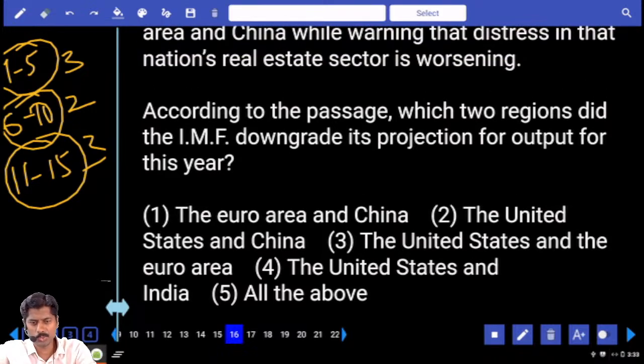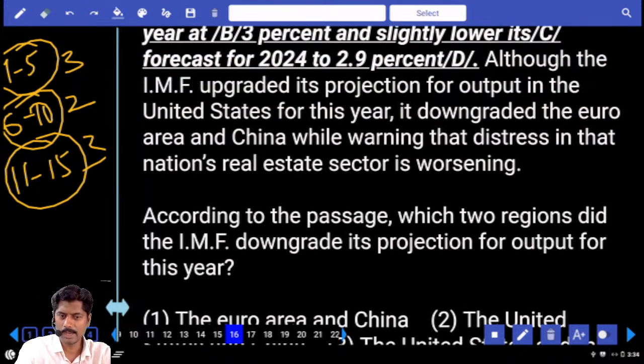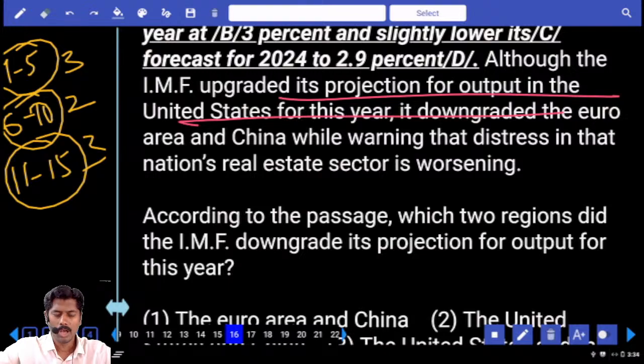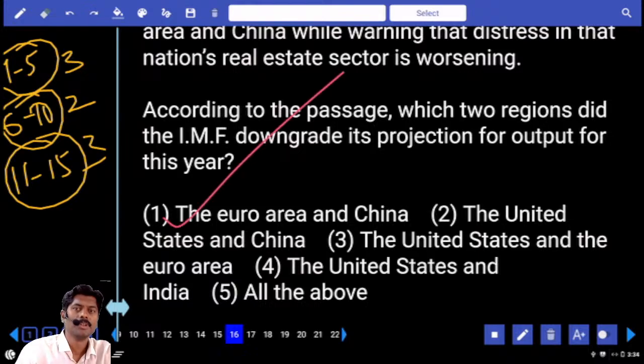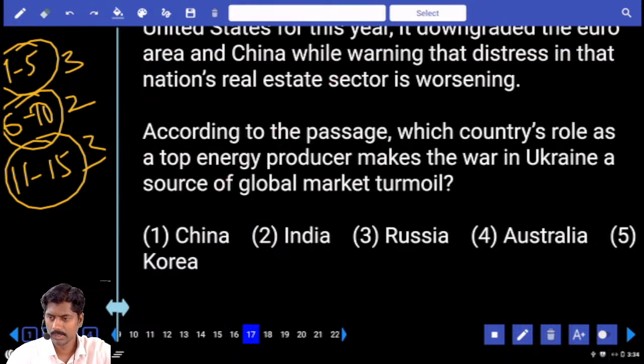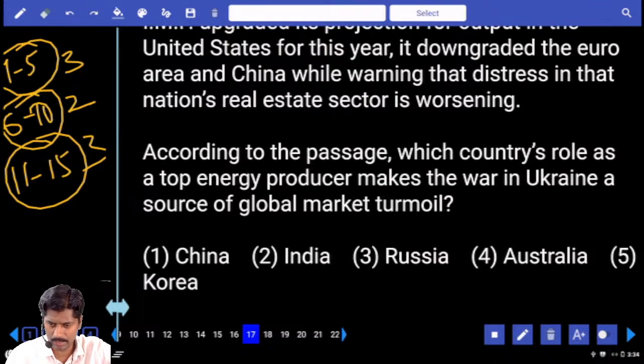According to the passage, which two regions did the IMF downgrade its projection for output for this year? Where is this, the IMF downgrade this year? Is it in the conclusion? Although the IMF upgraded its projection for output in the United States for this year, it downgraded the Euro area and China. Answer: first option. According to the passage, which country's role as a top energy producer makes the war in Ukraine a source for global market turmoil?